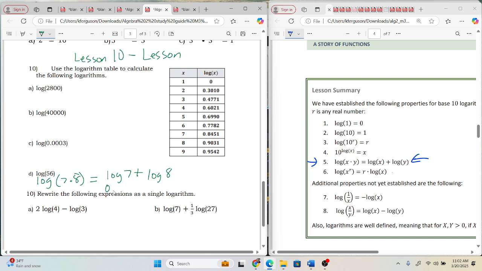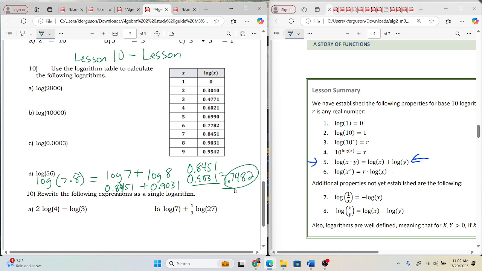Log of 7 is 0.8451. And log of 8 is 0.9031. And what do I do? I add those two things together. So I got 0.8451 and 0.9031. I add those together and I get 2, 8, 4, 7, and 1.